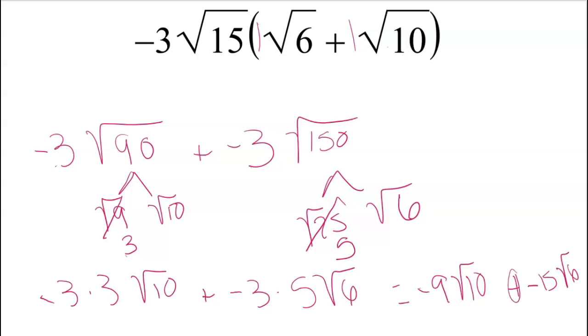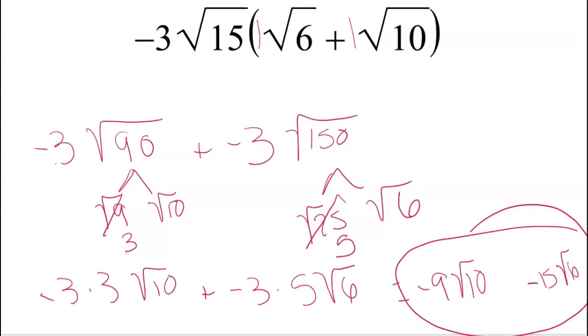Now, I don't really need to have this plus sign in here, do I? Because that's a negative, it's going to be a minus. So goodbye. Negative 9 square root of 10 minus 15 square root of 6.